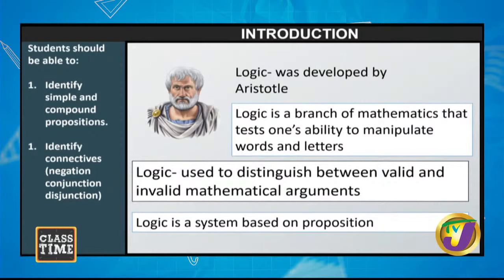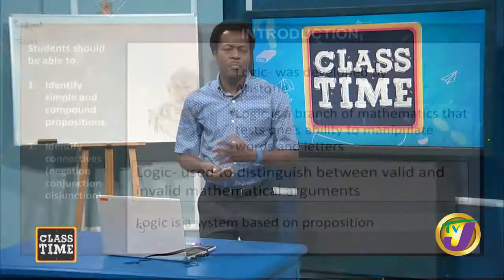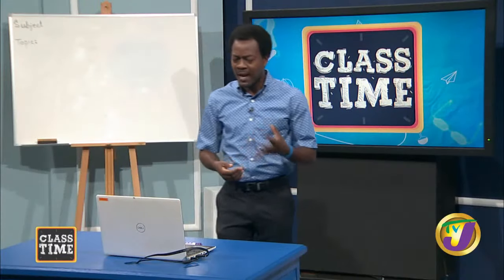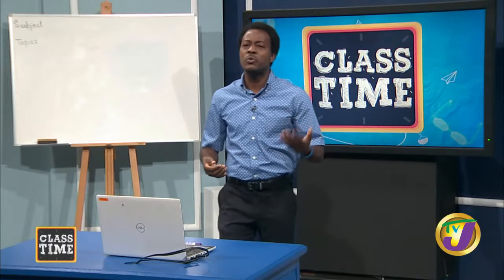When I talk about valid and invalid, I had this thing in my mind back when I was in school. I know you must be asking, what does this mean when we talk about valid and invalid mathematical arguments? We'll not spend much time on it, but I'll brief you. A valid argument is something that we do daily.